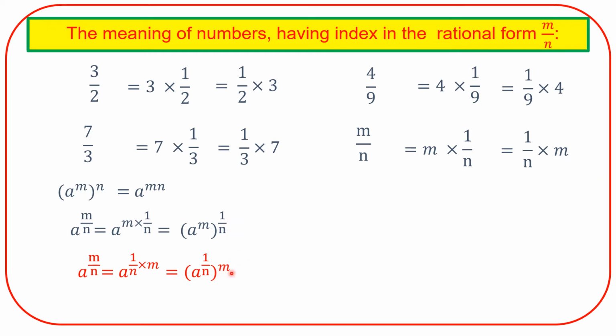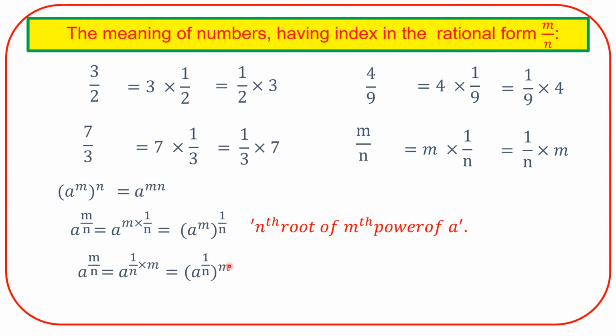Now what is the meaning of this? That is the nth root of the mth power of a. Here 1 upon n means nth root. The nth root of the mth power of a.